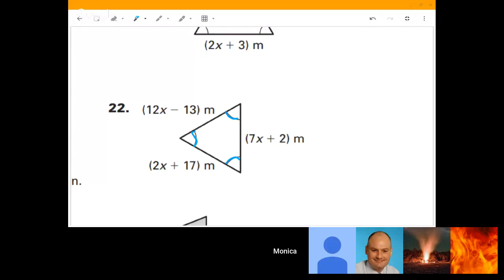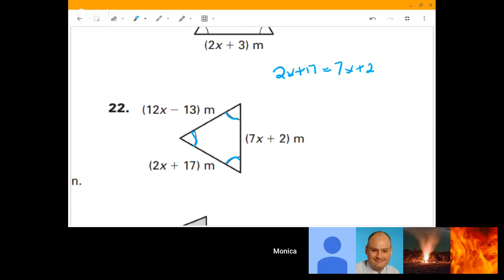Okay, so if we said 2x plus 17 equals 7x plus 2, then we need to solve for x, right?